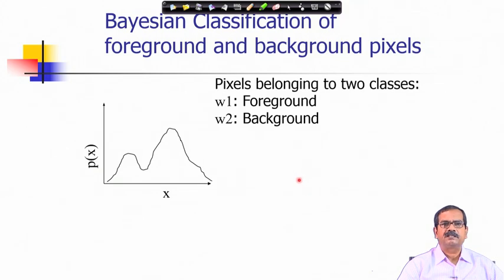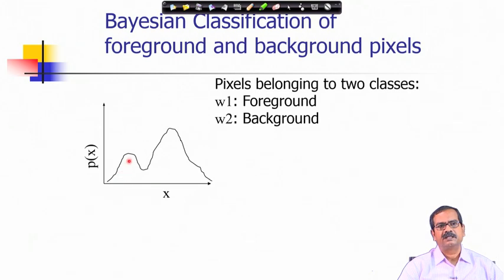One of the techniques that I will be discussing here is the Bayesian classification of foreground and background pixels of a particular image. In this case, we consider that the histogram of the image is a bimodal histogram. A schematic diagram is shown here.